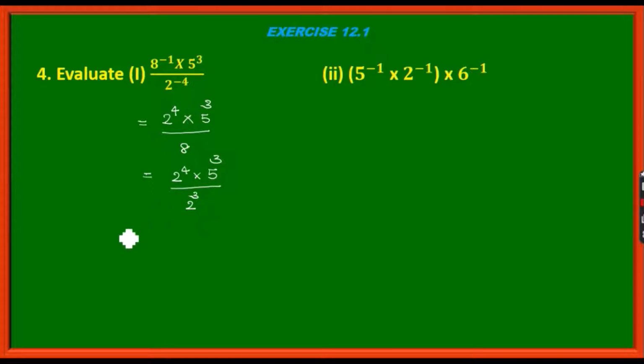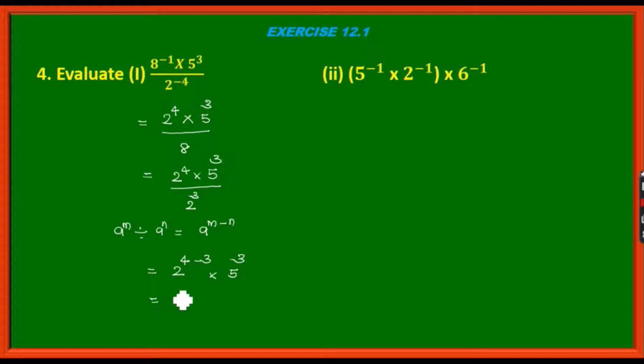We have the exponential law: a raised to m divided by a raised to n is equal to a raised to m minus n. So 2 raised to 4 divided by 2 raised to 3 comes 2 raised to 4 minus 3, into 5 raised to 3 already here.